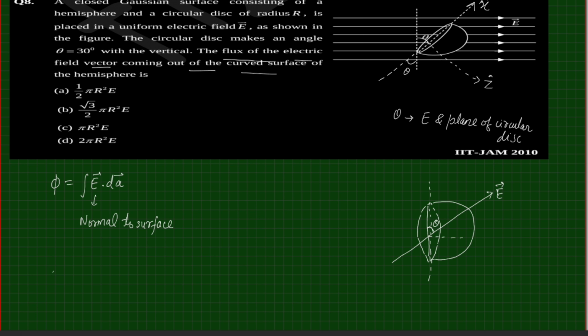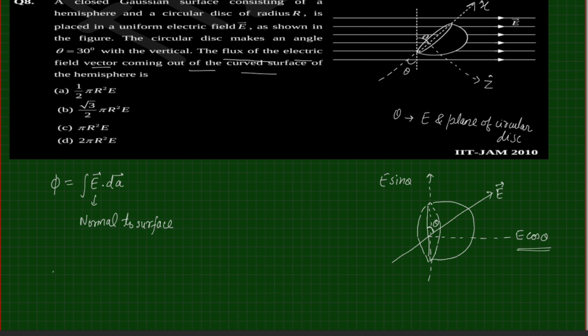So the normal component will be E cos theta, and the parallel component will be E sin theta. So we have to take this component E cos theta.